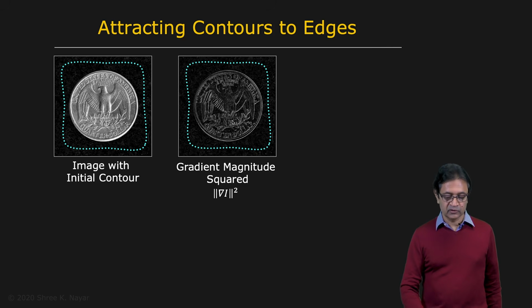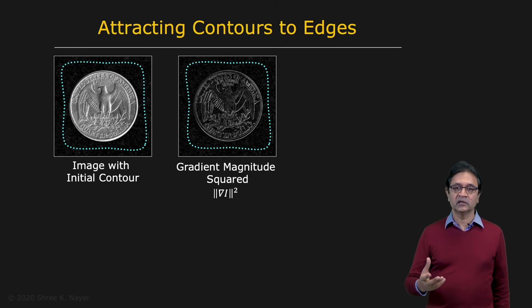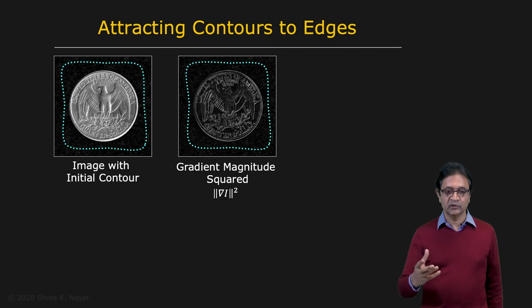So the obvious thing to do is to apply forces, if you will, to this contour, where those forces actually depend on the gradient of the image. So if you apply the gradient operator, the del operator, if you remember, take the magnitude of that and the square of that, that could be a good trigger or a stimulus for the contour to react to.